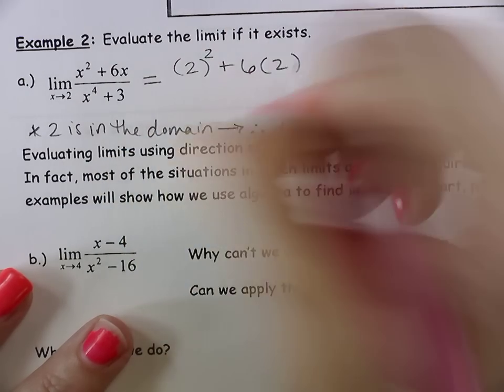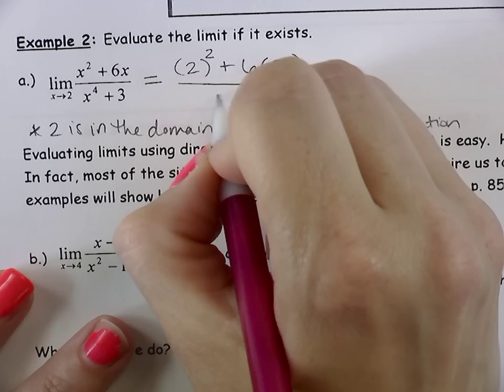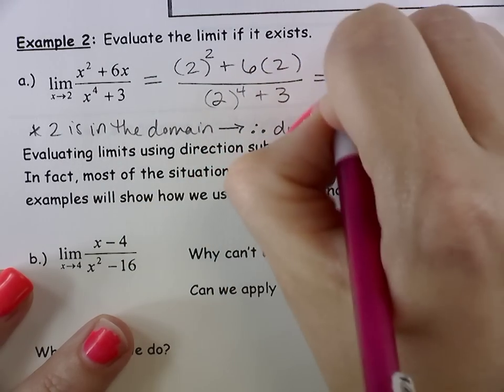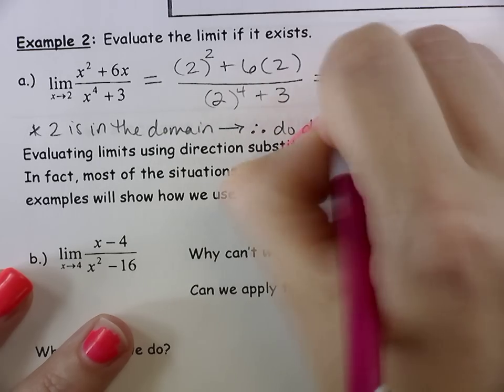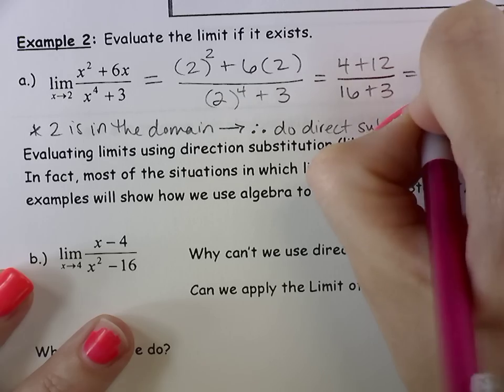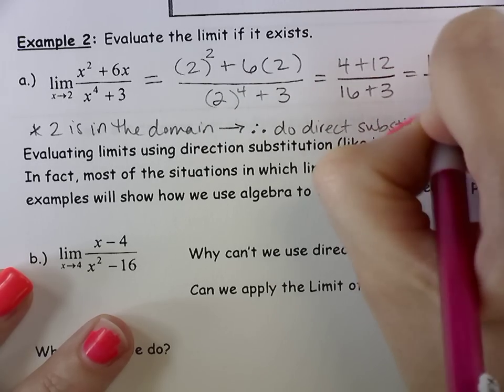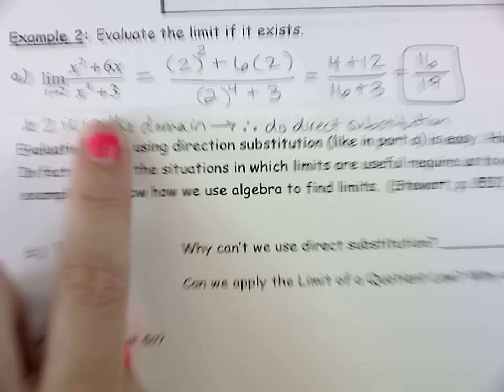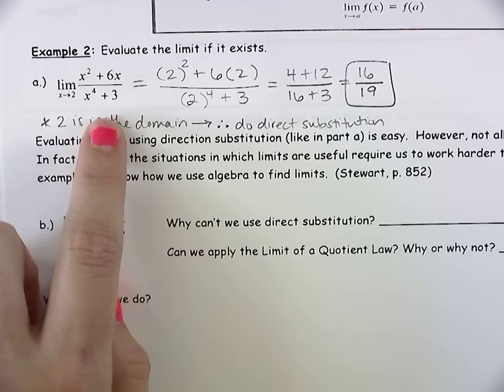Can anybody tell me what the domain of this function is? How do you find the domain if it's a rational function? Yeah, you're going to set the denominator equal to 0.